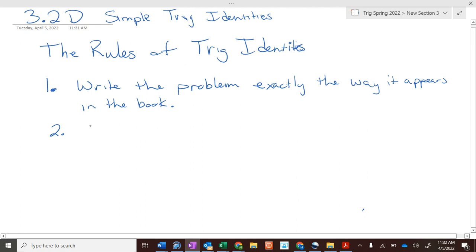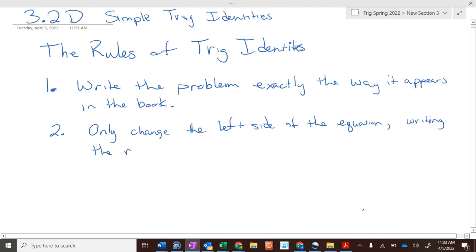Rule number 2. Only change the left side of the equation, writing the right side on each step.